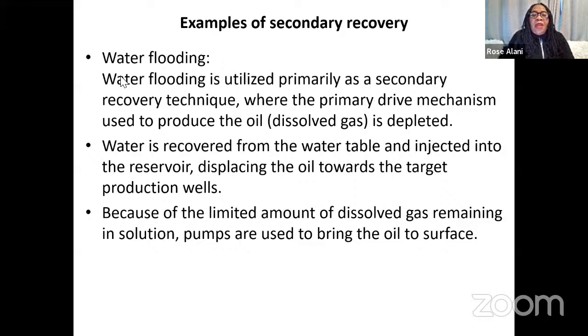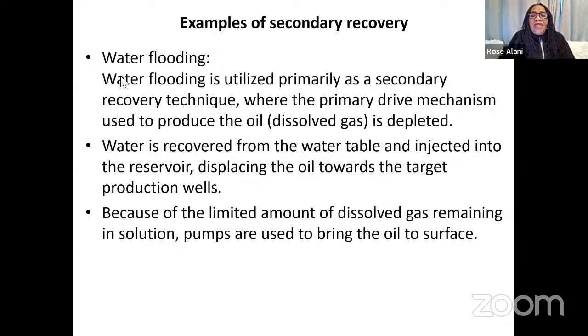It's a secondary recovery technique. And then in this case, the primary drive mechanism used to produce the oil is depleted. What I mean is that the primary pressure that was there is already depleted, so you now use water flooding.